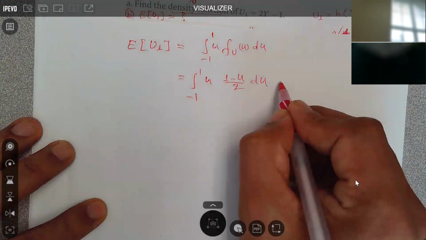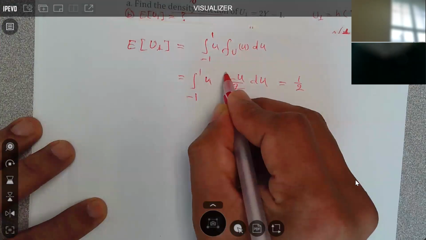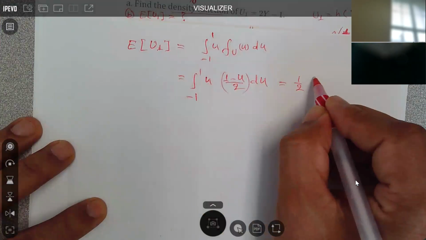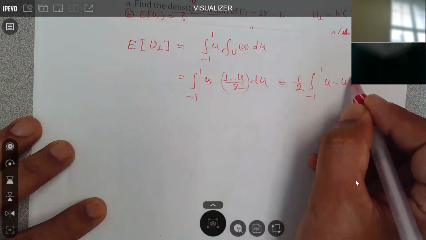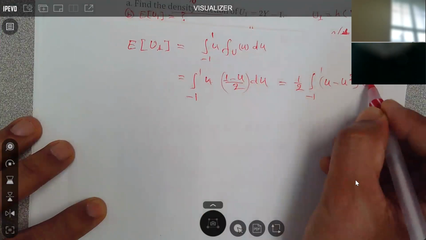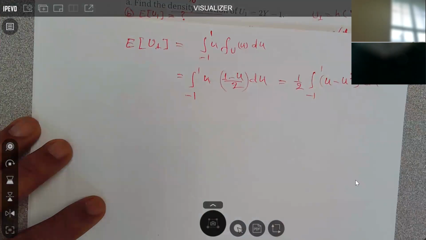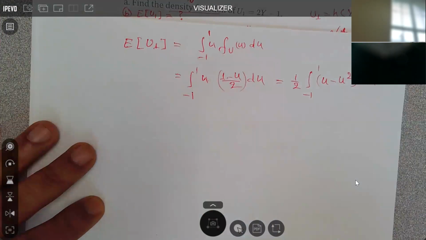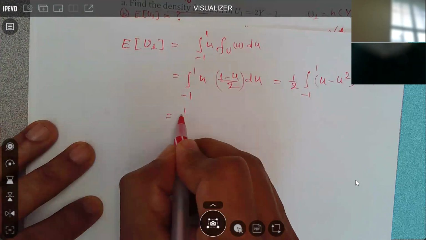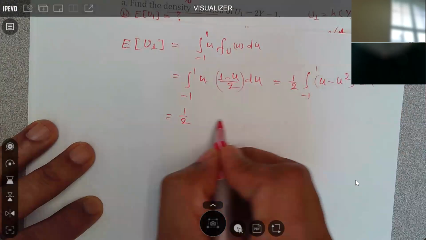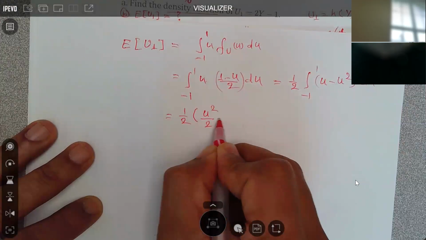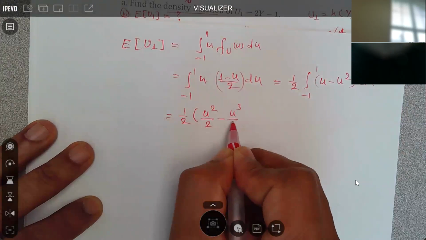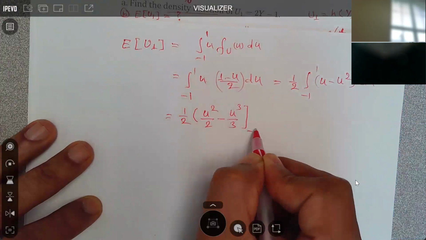So this equals 1 over 2 times the integral from -1 to 1 of (u minus u square) du, right? So this equals 1 over 2 times, if you do the integration, u square over 2 minus u cube over 3, and you plug in from -1 to 1.